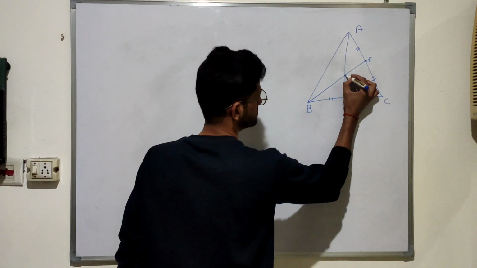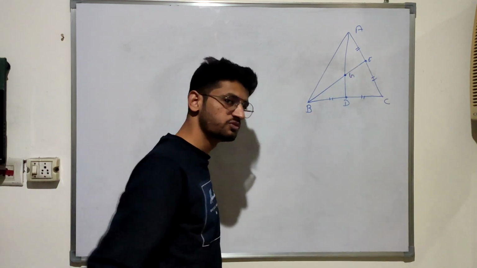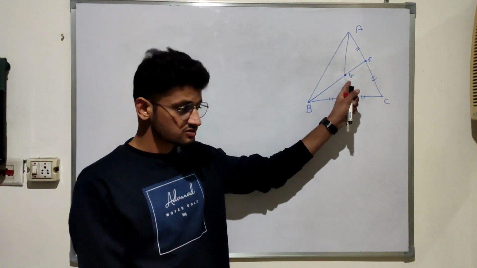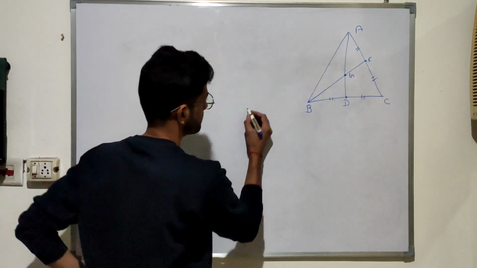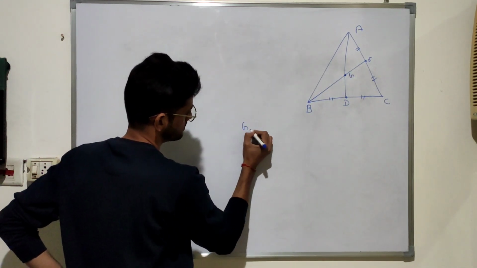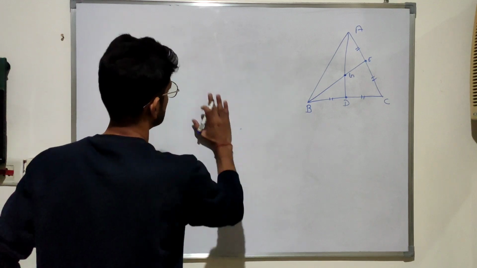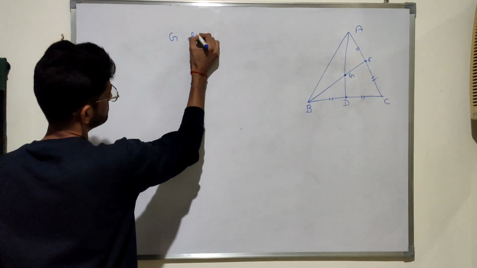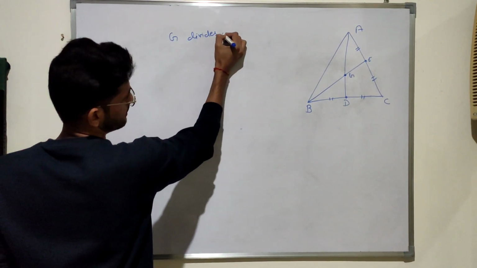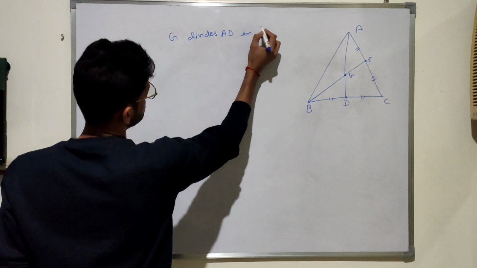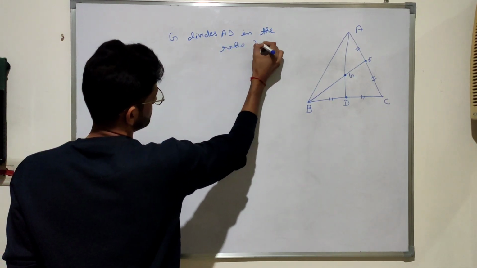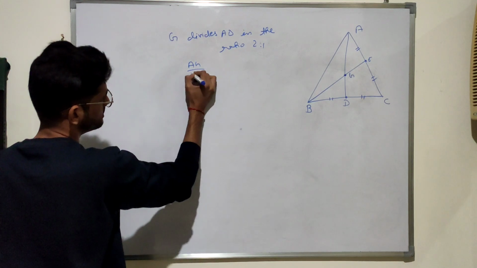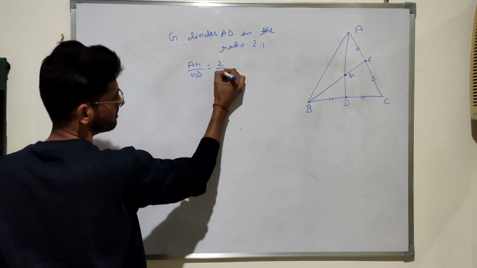Now we know that G is the point of intersection of two medians, so it is known as the centroid. G divides AD in the ratio 2:1, that is AG upon GD is equal to 2 upon 1.